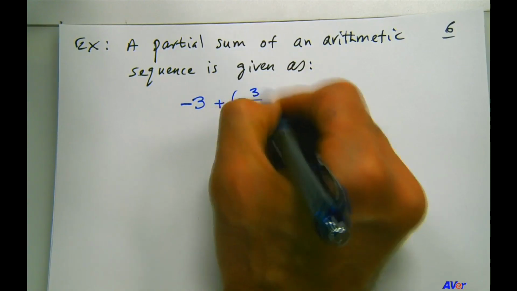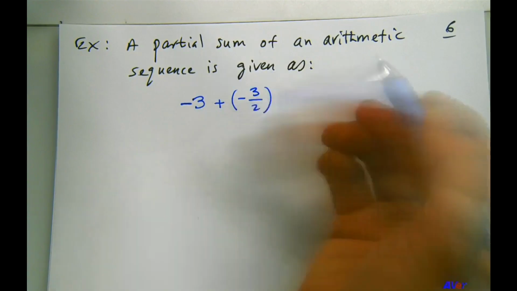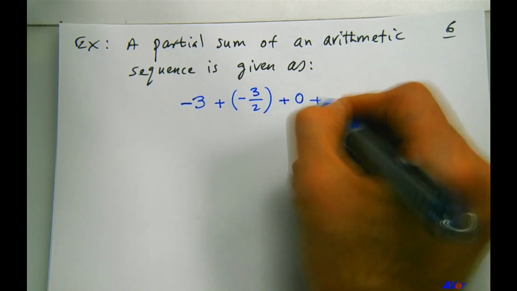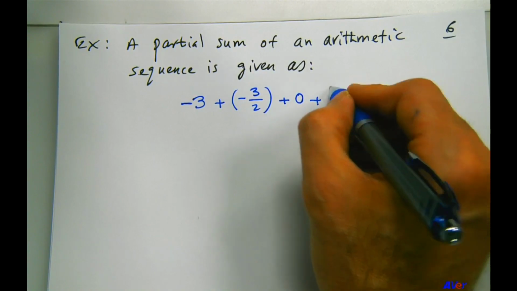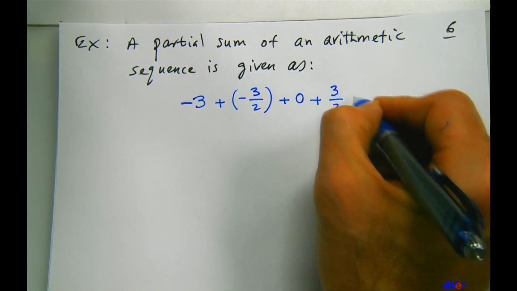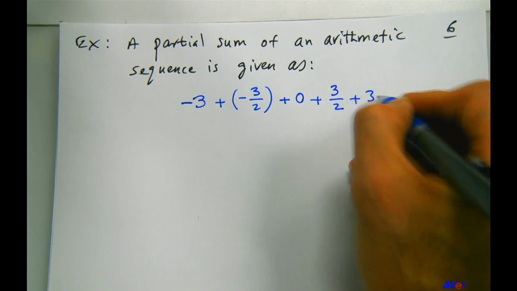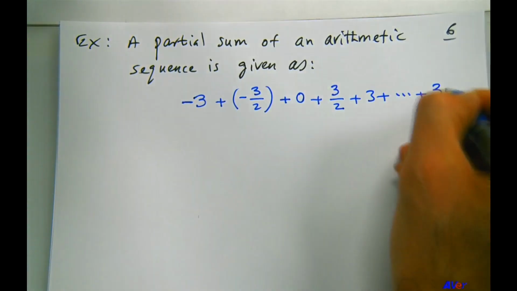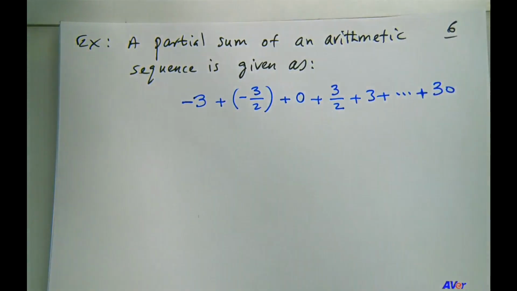Negative 3 halves, plus 0, plus 3 halves, plus 3, plus ... plus 30. Okay, that's what we have. It's given as that.